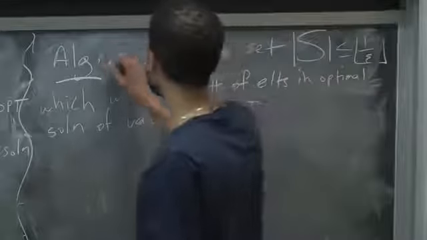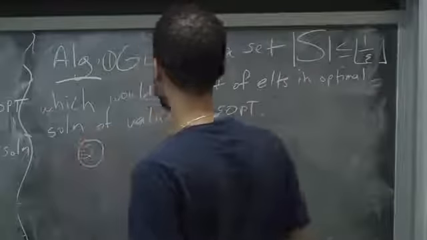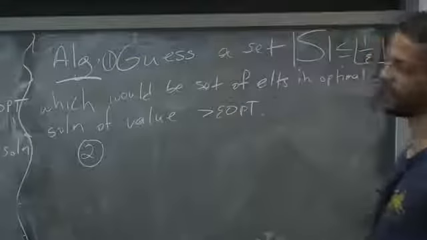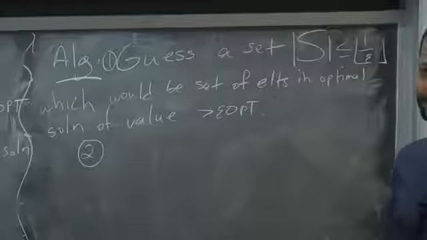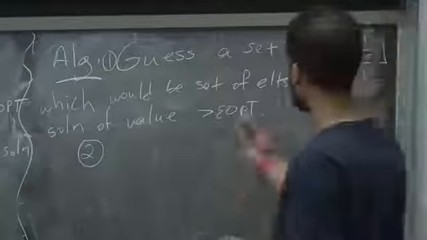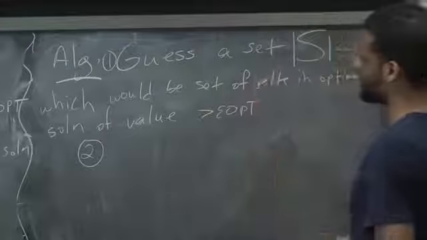Then you're going to put S in your output. First we're going to check to make sure it actually fits in your knapsack. If not, just continue in the loop. If it does fit in your knapsack, you guessed S.